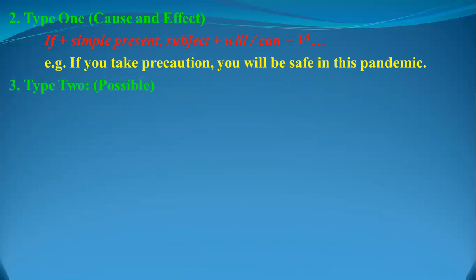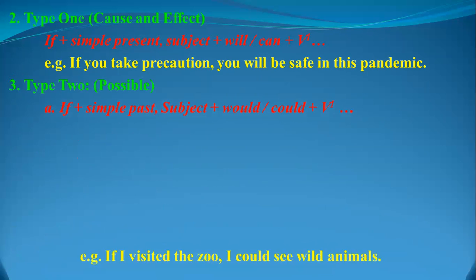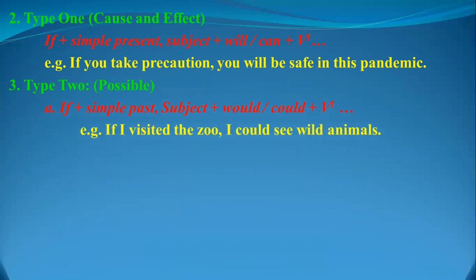Number 3, type 2. It is also called possible. For the possible, we have two structures. Number 1: if plus simple past, subject, would, could plus verb 1. See the example: if I visited the zoo, I could see wild animals.